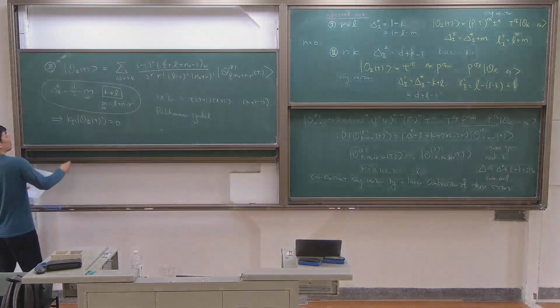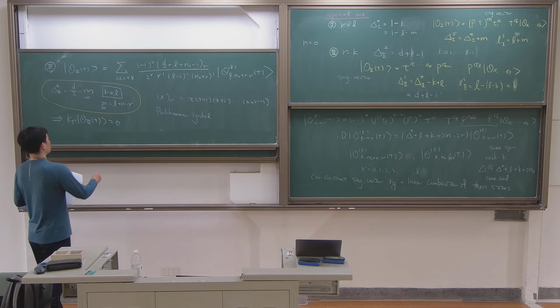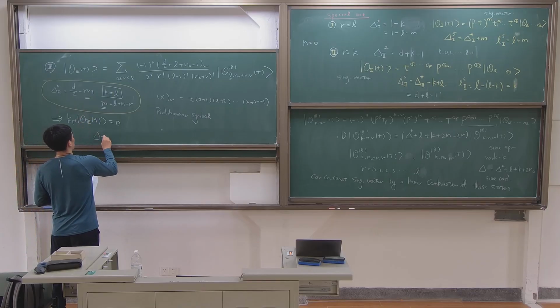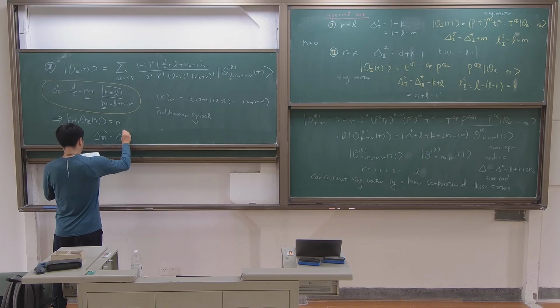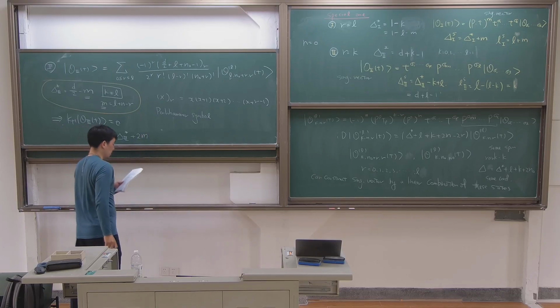So therefore this becomes a singular vector, and this has conformal dimension. The singular vector has dimension 3 plus 2m.